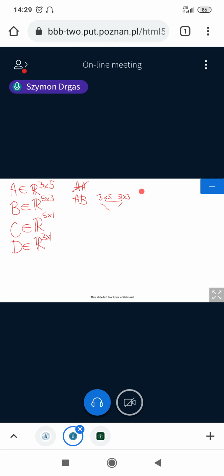It's because we have 3 times 5, and we know that all entries in these matrices are ones. So each row in the left-hand side matrix has 5 entries equal to 1, and then we have 3 columns also containing only ones.